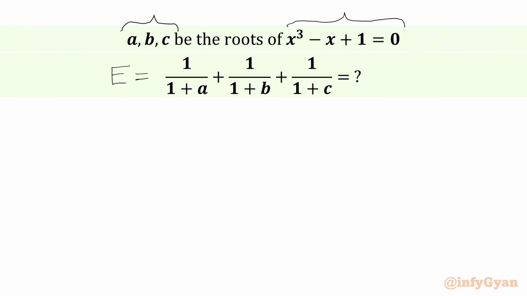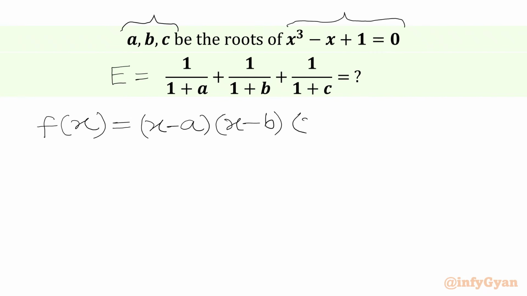So let's get started by considering one function f(x) which will be equal to x minus a times x minus b times x minus c, which will be equal to x cube minus x plus 1.